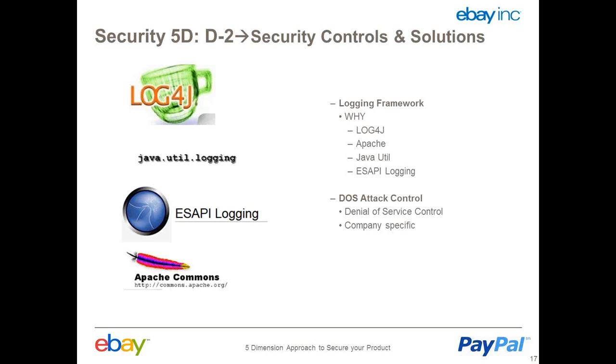DoS is nothing but denial of service, where a huge amount of requests come in such that genuine users do not get their requests served. A hacker tries to bombard with such a huge amount of requests that other genuine users are not able to use it. By having a control in place, you can always throw back a CAPTCHA, or you can say that your user should not make more than X requests in 1 second.